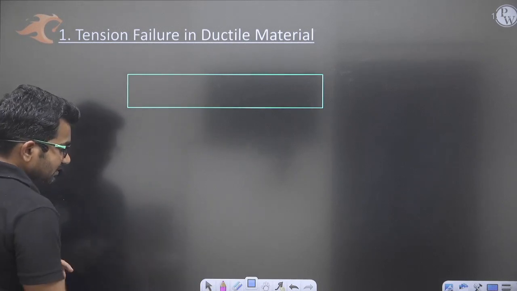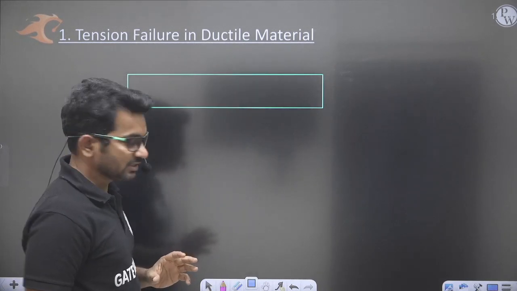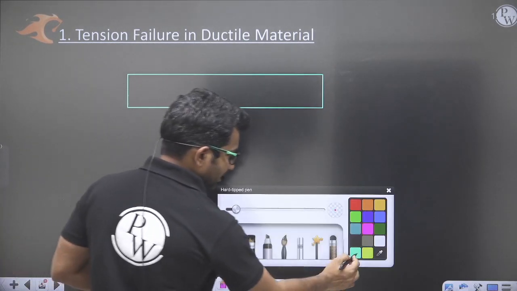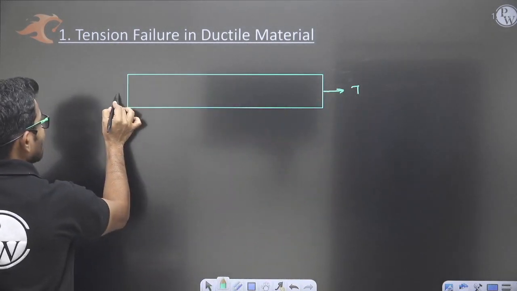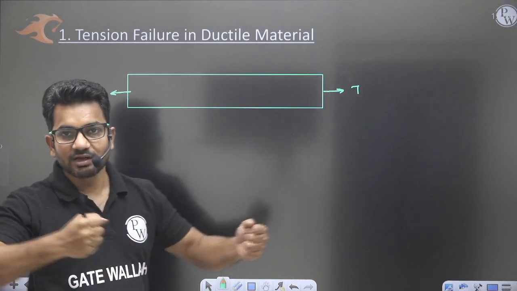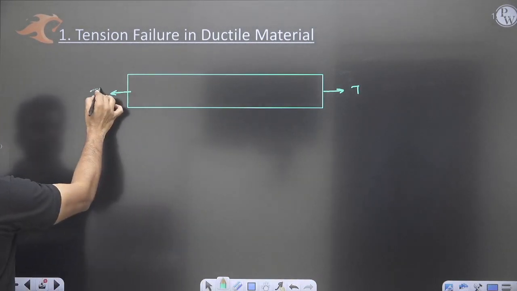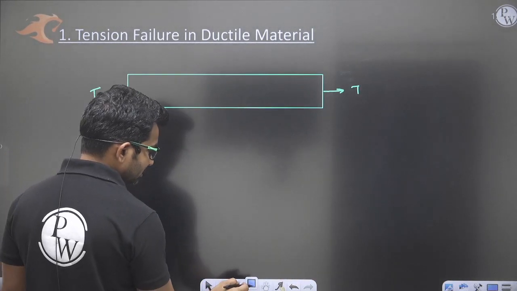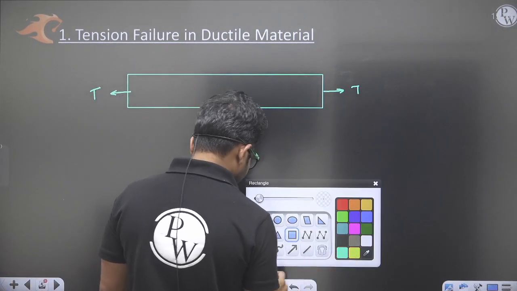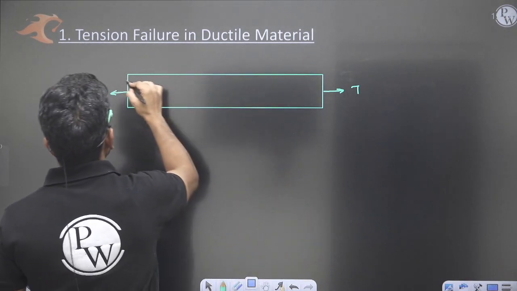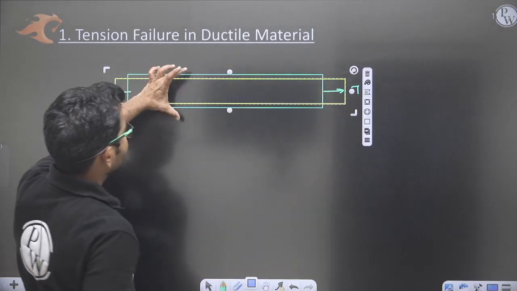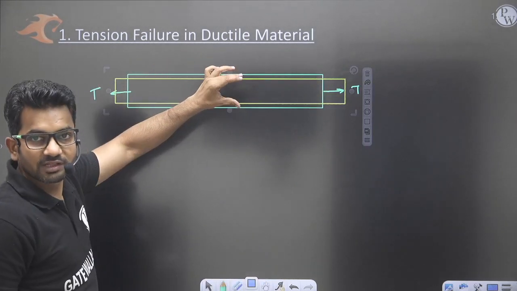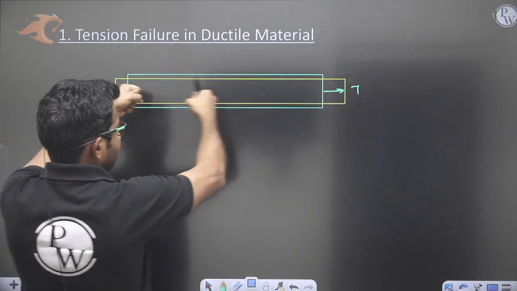Suppose this was the original specimen, and on this original specimen I apply a tension load, let us say T, and I am slowly increasing the value of this tension load T. What will happen is that the specimen will start elongating, the lateral dimensions will start reducing, and the length will start increasing.